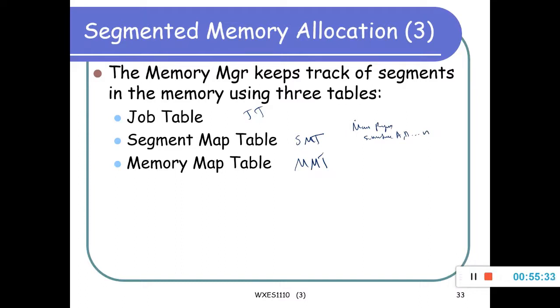The segment map table lists details about each segment, one for each job. The memory map table monitors the allocation of main memory, one for the whole system.